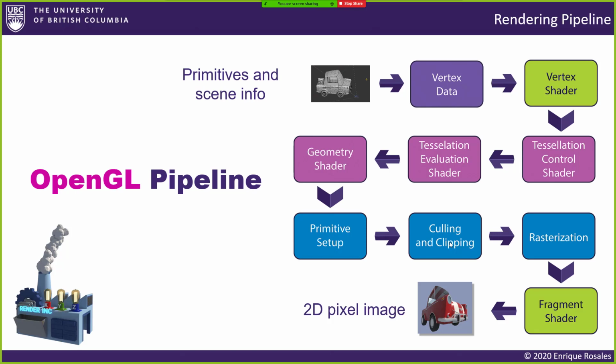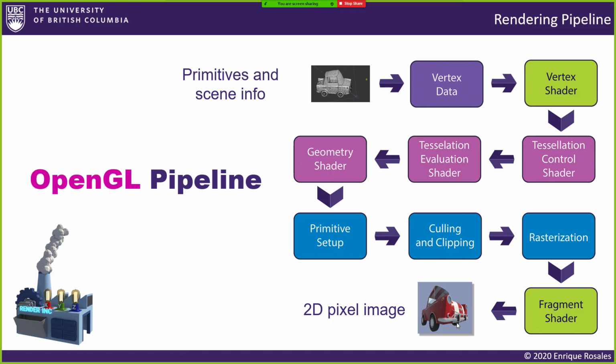Fragments are similar to pixels. They're not pixels yet, but in the end they are similar to pixels. And then the fragment shader decides how those fragments really look as pixels, and then we create a pixel. And again, we will explain all these things in depth.